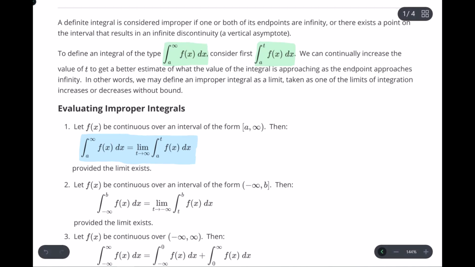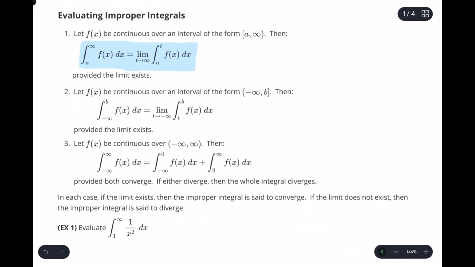And it's entirely possible that we might be dealing with an interval that's going from negative infinity up to some finite value. We can do the same approach here as well. We just let the lower endpoint, which is negative infinity, approach negative infinity using a limit instead. So it works just the same.